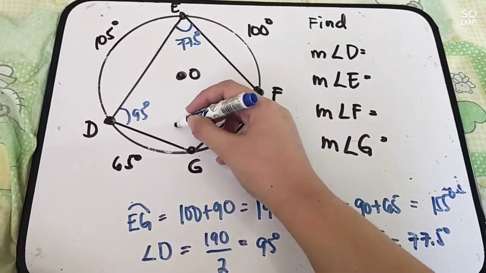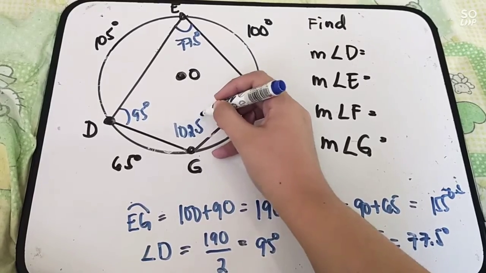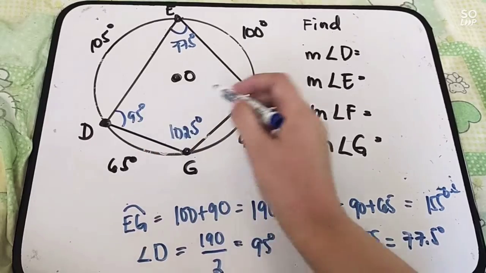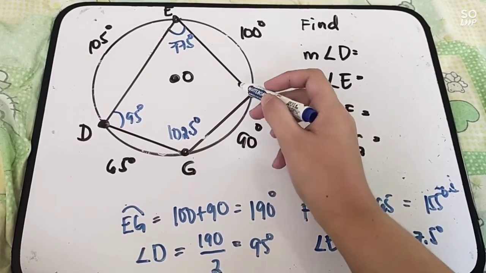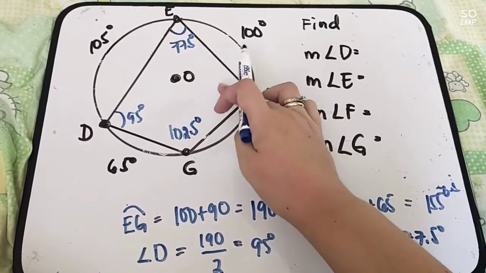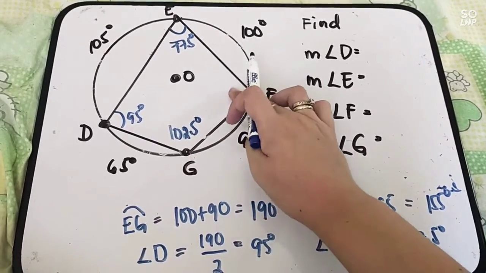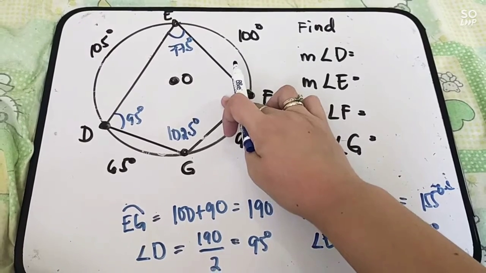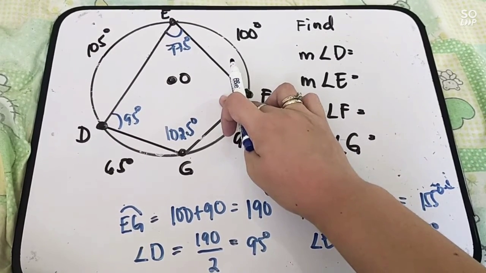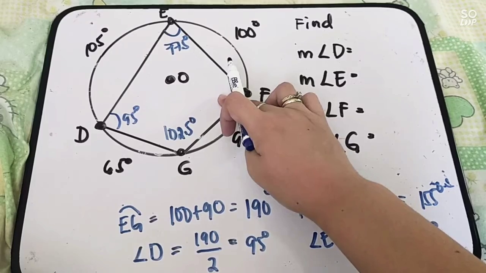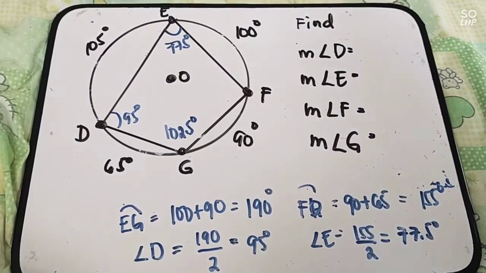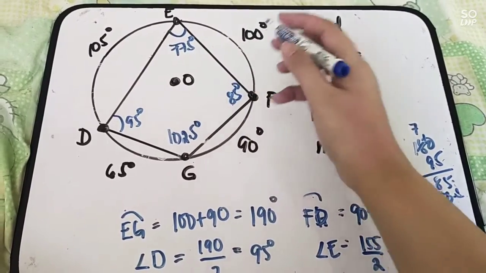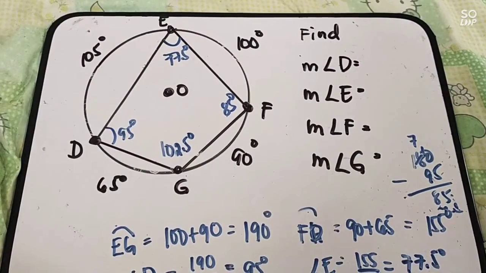The answer here is 102.5 degrees. Okay? Then, this one, ito rin ay supplementary. Therefore, 180 minus 95 degrees is, we have 85 degrees. Ayan.